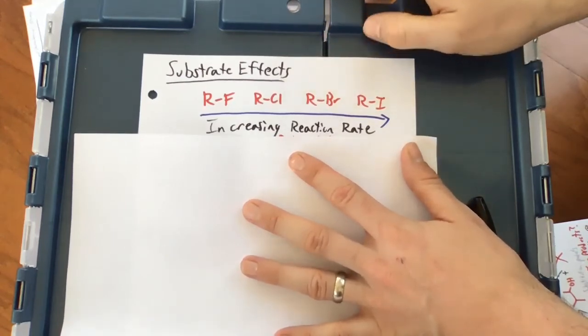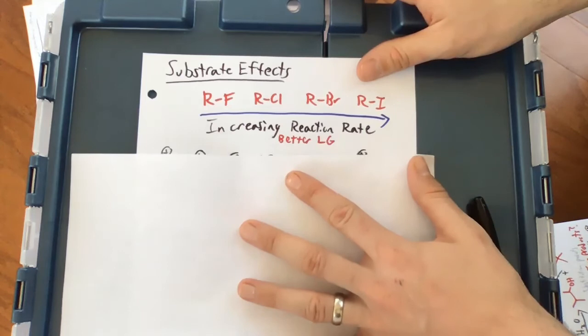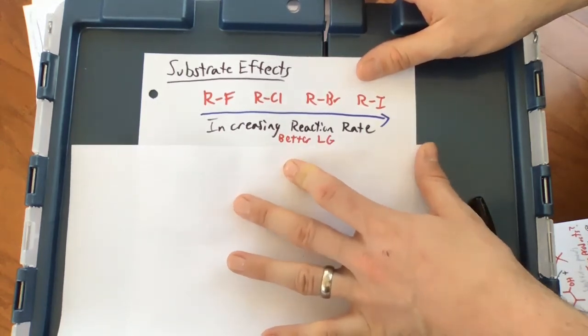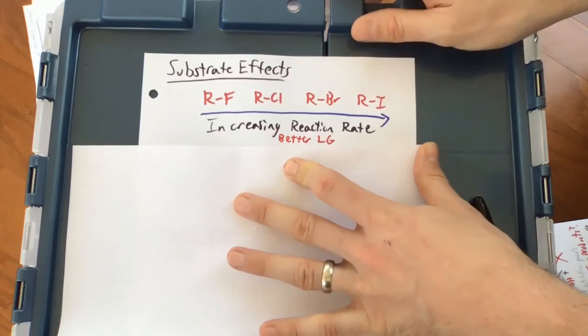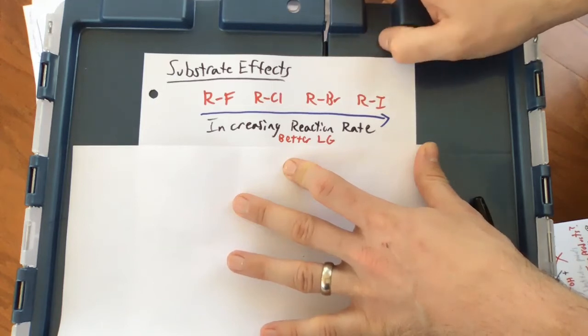As you go down the periodic table, the increase is huge because these become better leaving groups. Bromide and iodide are more stable conjugate bases, so they are better leaving groups, and it's actually for that reason.